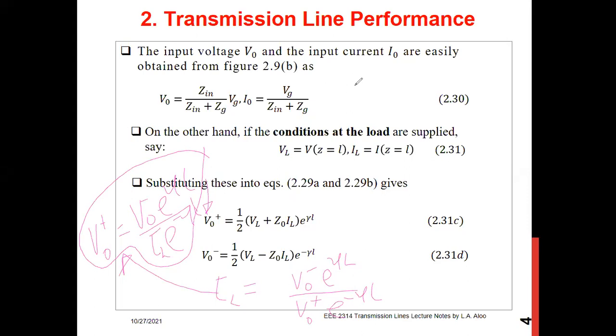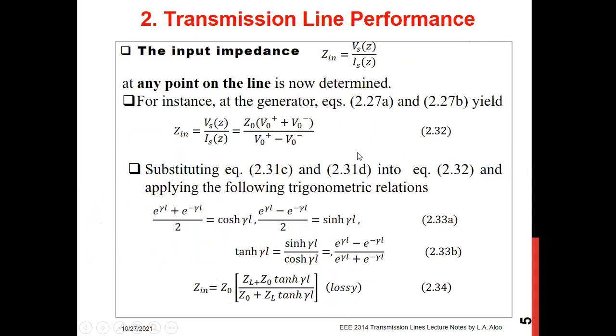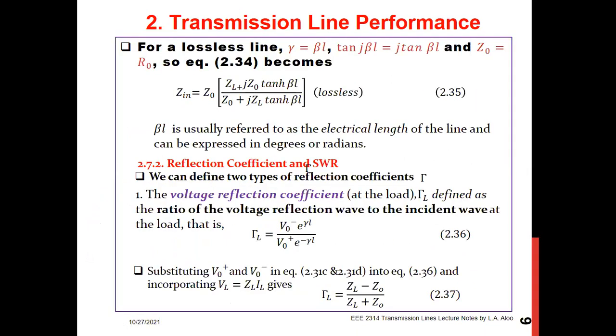Once you do that, this expression will have V naught negative, and this one has V naught negative. You solve these two equations simultaneously. When you solve those two equations simultaneously, you will find the expression given here, that tau L will be given by ZL minus Z naught over ZL plus Z naught.